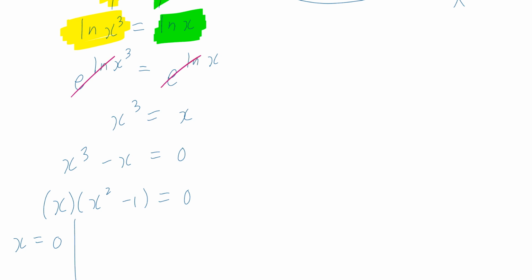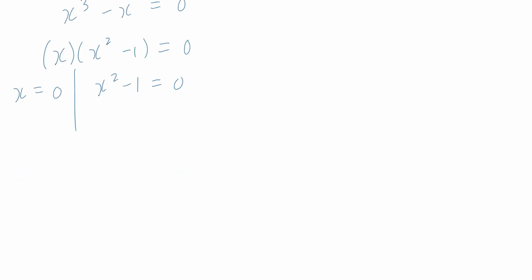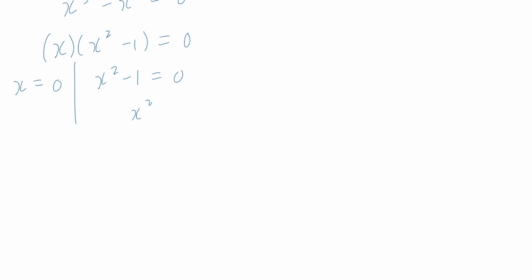In this second column, x squared minus 1 equals 0. Or if you isolate for x squared, that's going to be 1. x equals plus or minus 1. So even though we have found x to be negative 1, x to be 0, x to be positive 1, the only answer that makes sense in this context is going to be x equals 1.